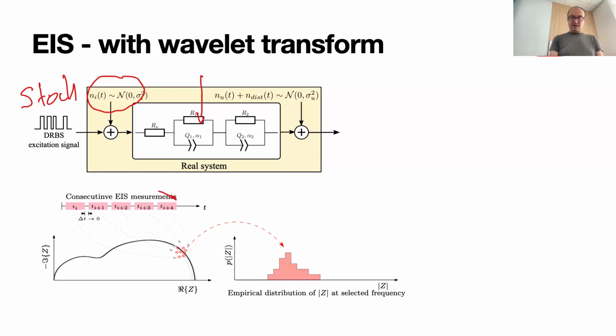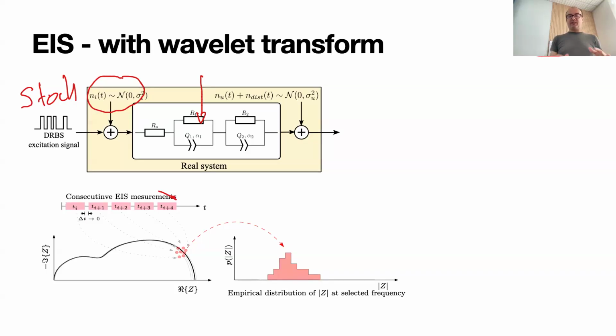Then we have our electrochemical system that we say is an ideal one. But because there are a lot of processes going on inside, on the macroscopic level we can see that this parameter might be stochastic.